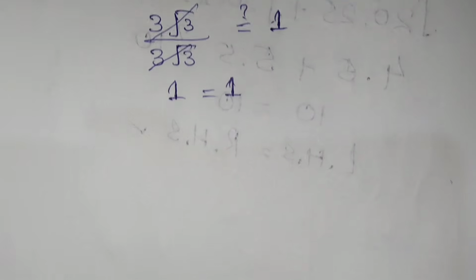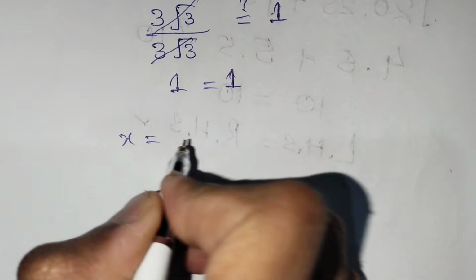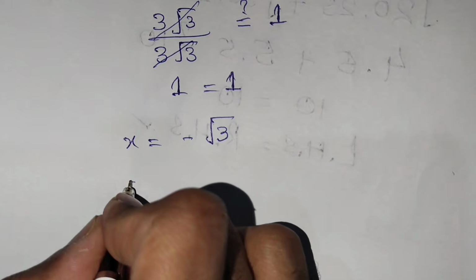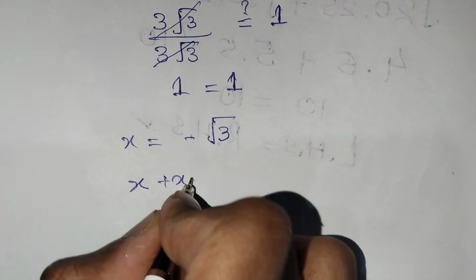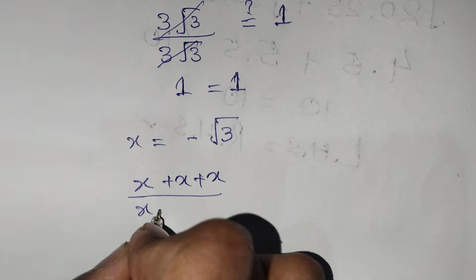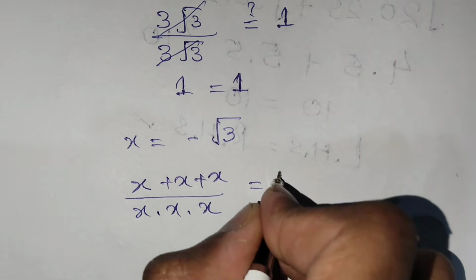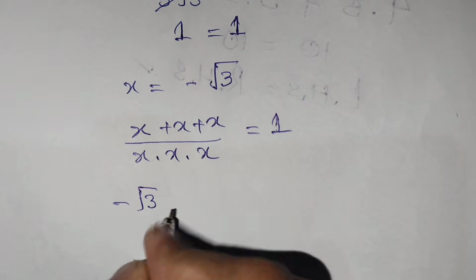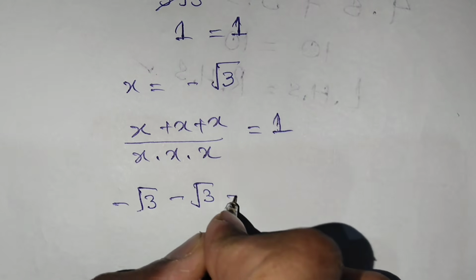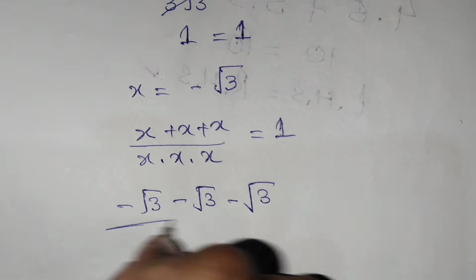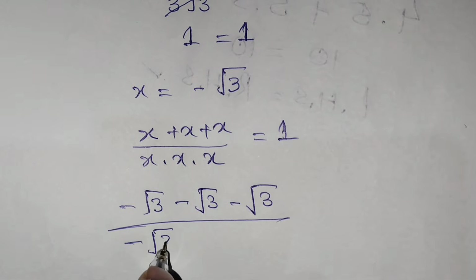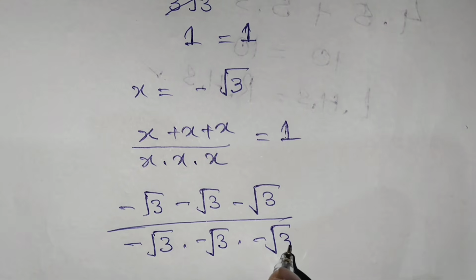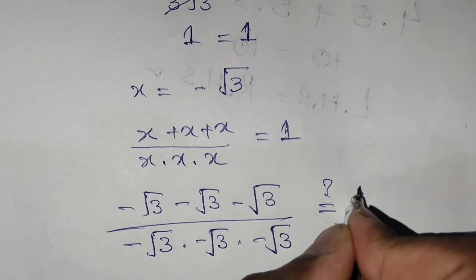Now we will check further. X equals minus square root of 3. We have x plus x divided by x times x times x equals 1. Replace x by minus square root of 3: minus square root of 3, minus square root of 3, minus square root of 3 divided by minus square root of 3 times minus square root of 3 times minus square root of 3, equals 1.